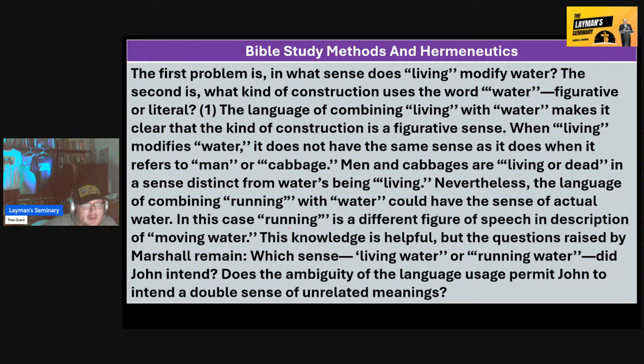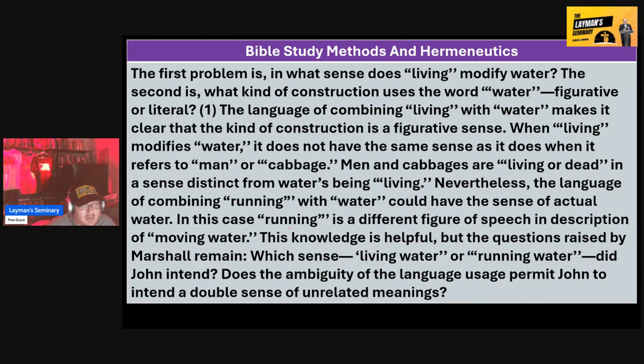1. The language of combining living with water makes it clear the kind of construction is a figurative sense. When living modifies water, it does not have the same sense as it does when it refers to man or cabbage. Men and cabbages are living or dead, in a sense distinct from water being living. Nevertheless, the language of combining running with water would have the sense of actual water.